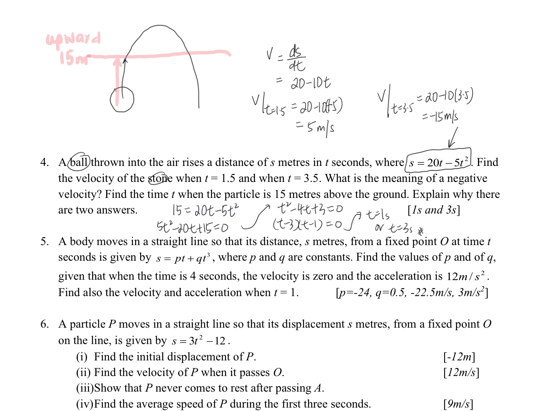The other point is where you are 15 meters away from the ground, downward. So due to the change in direction, there is an upward movement of 15 meters and a downward movement of 15 meters. That's why there's 2 answers.